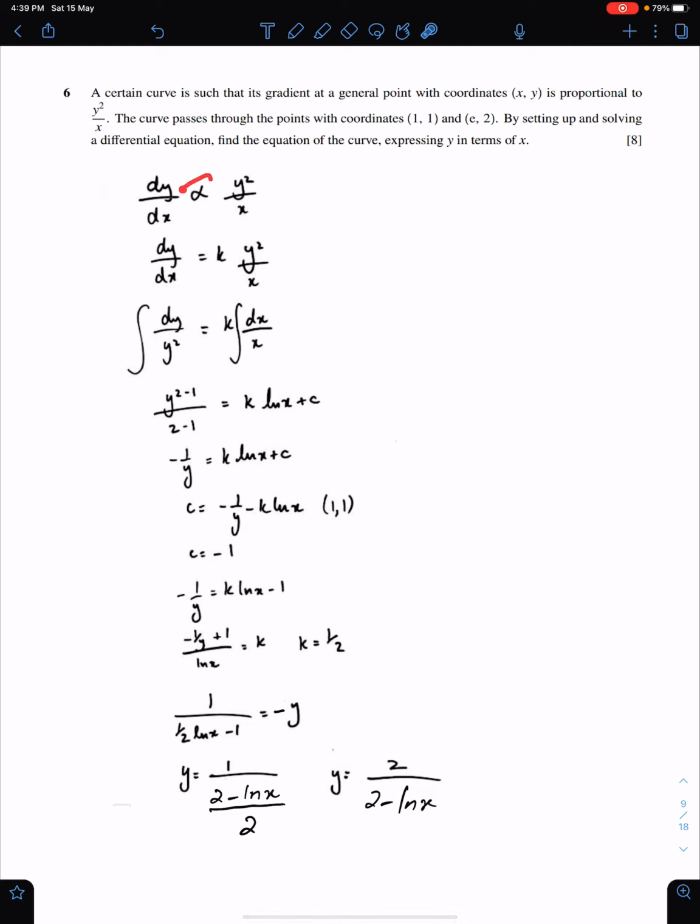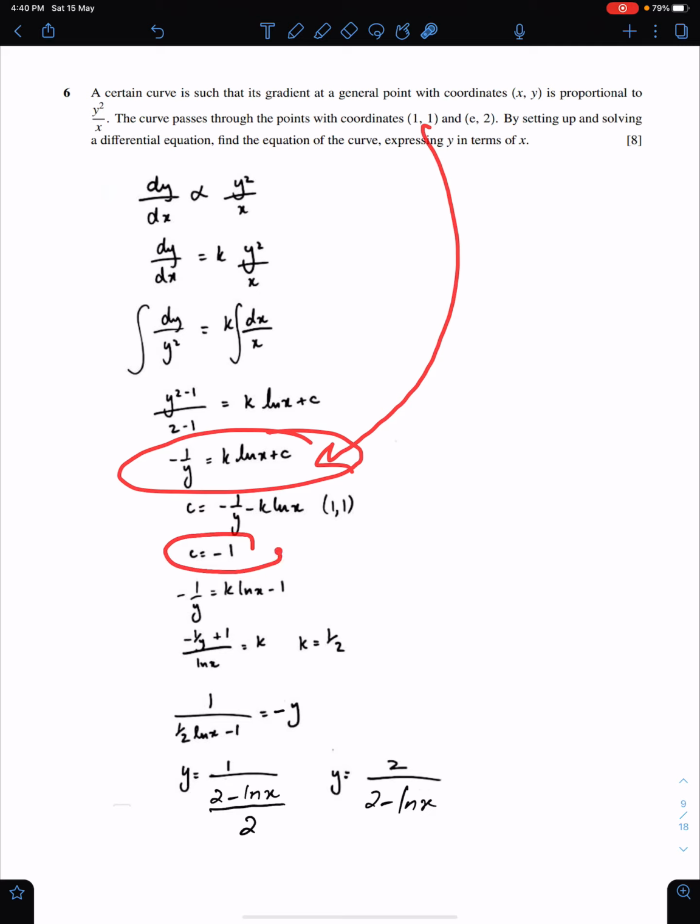Number 1, you need to remove the sign of proportionality by writing dy/dx = k y square upon x. Now you have to make this separable. You need to bring y square here and dx here. Now by integrating this equation, we have this equation. Now you need to substitute this point here to get the value of c. c is minus 1.